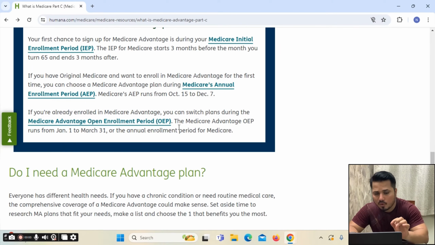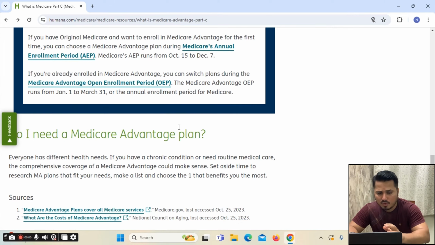Now, if you have original Medicare and want to enroll in Medicare Advantage for the first time, you can choose a Medicare Advantage plan during Medicare's annual enrollment period, which is called the AEP. Medicare's AEP runs from October 15th to December 7th.